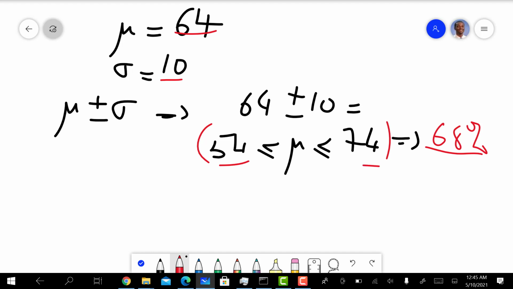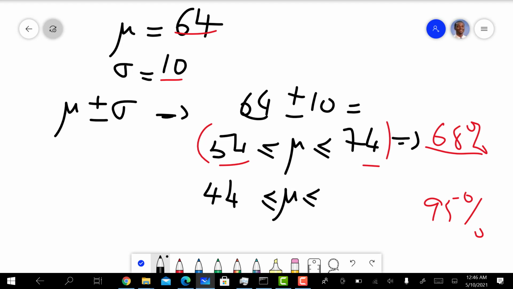All right. How about two standard deviations from the mean? How about 95%? We can also conclude that, this time, instead of just subtracting 10 one time and adding 10 one time, we are going to subtract and add 10 two times to get the lower bound and the upper bound. So we're going to say 64 minus 20, which is 44, and 64 plus 20, which is 84.